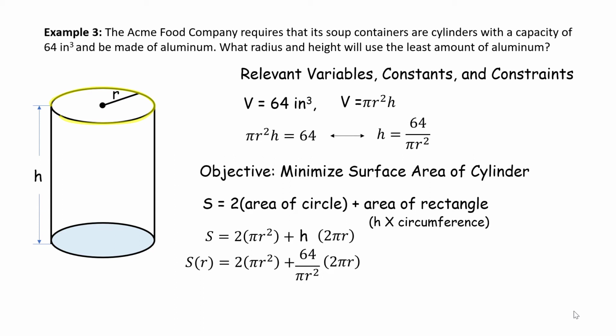We can simplify by canceling the pi's and one of the r's, and now we get our objective function. S of r is equal to 2 pi r squared plus 128 divided by r, provided that r is between 0 and infinity. R cannot be 0, that's why it is not included, because it's in the denominator.